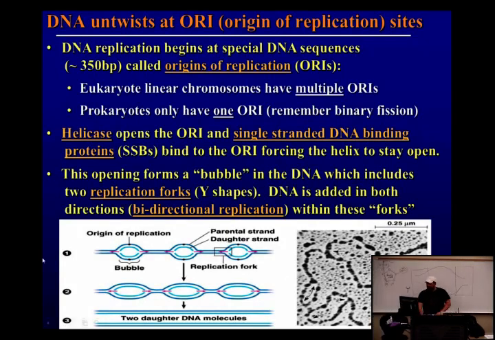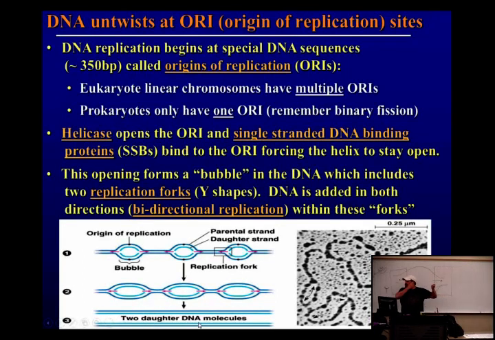And replication is bidirectional, so you can see that this fork goes this direction, right? DNA replicates this way, and it also replicates this way on both strands simultaneously. That expands the bubble out, which you can see here in step 2, and it continues to expand until they touch each other, and then we get two new DNA strands.